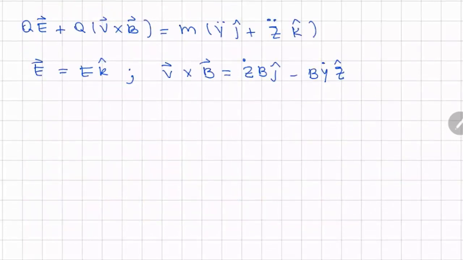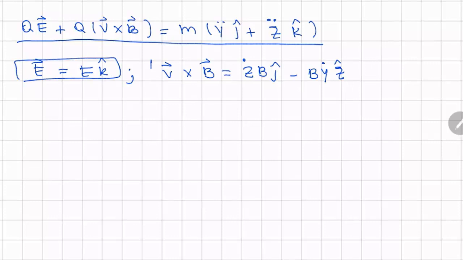Let's do it. We know, guys, that we got these two equations, this one and this one, and we said that we are going to replace these two equations into the one on top.